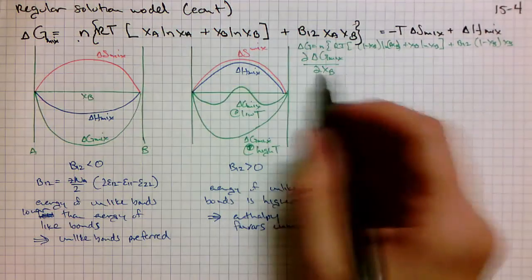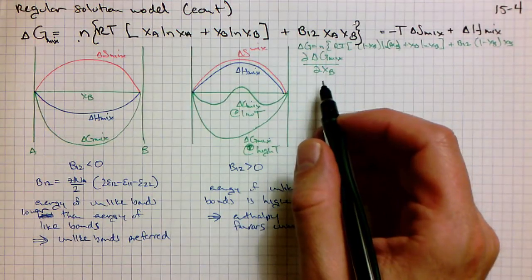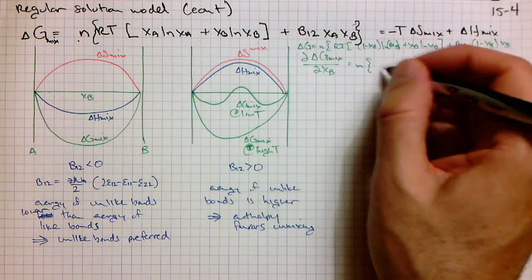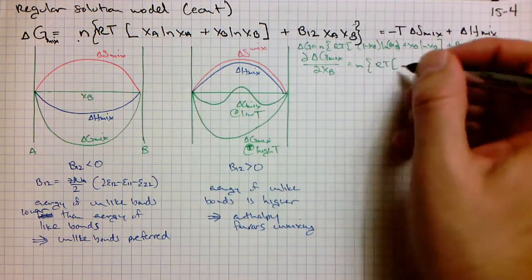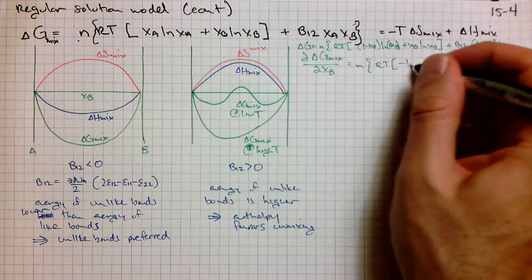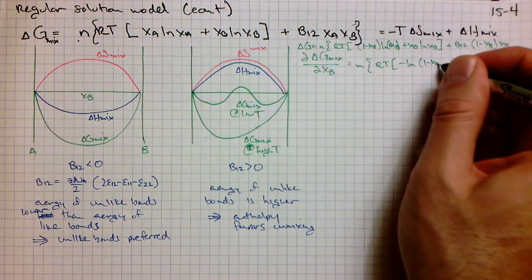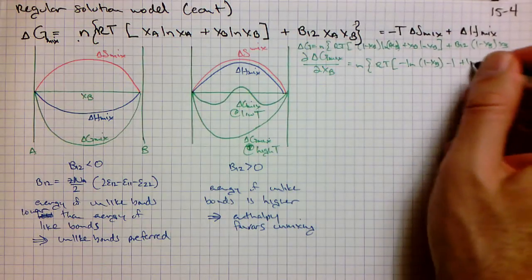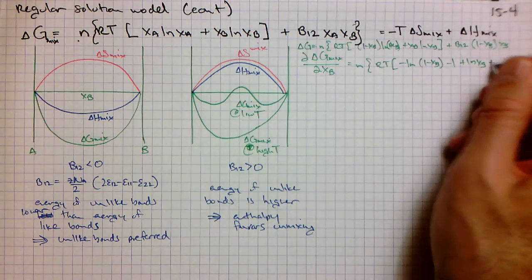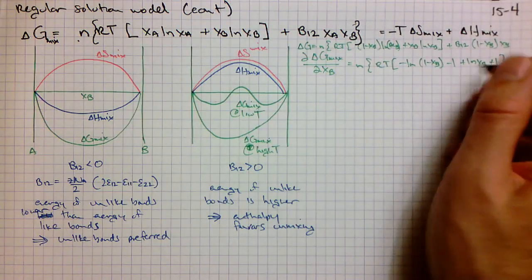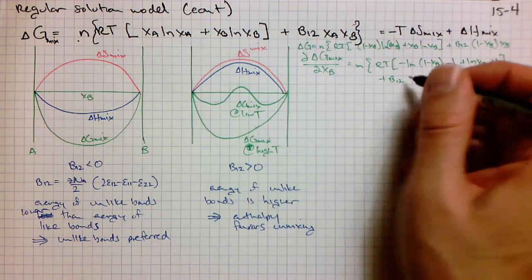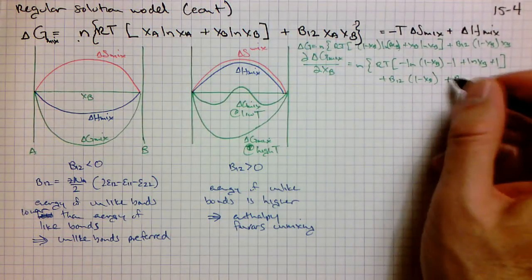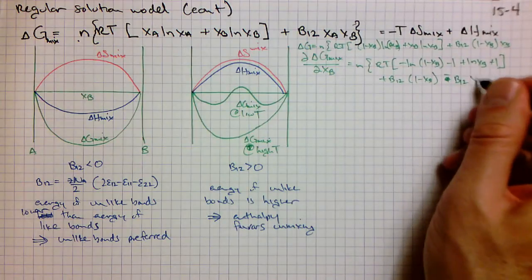So we take now the derivative with respect to XB, and we get N times RT minus natural log of 1 minus XB minus 1 plus natural log of XB plus 1, and then we get plus B12, 1 minus XB minus B12 XB.